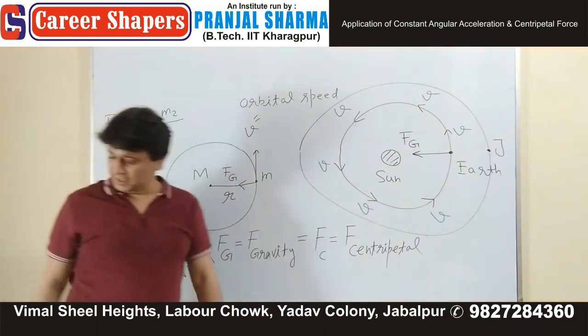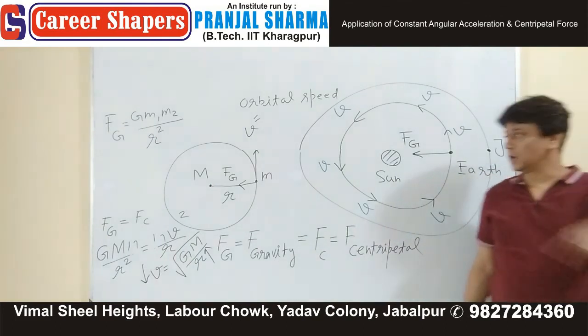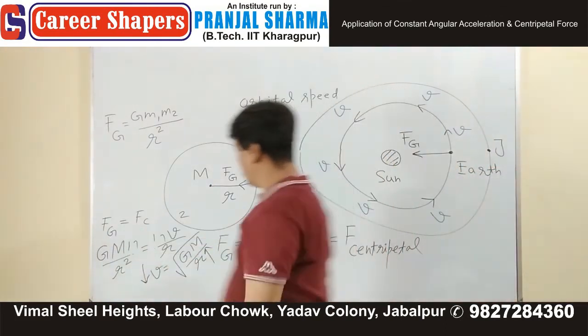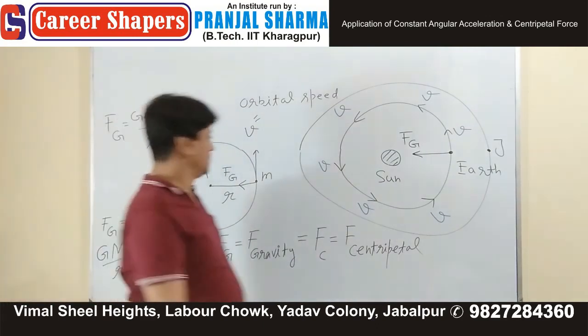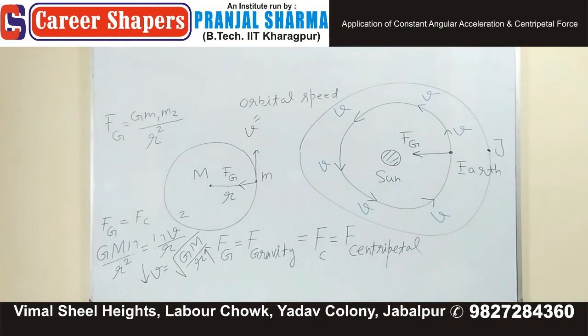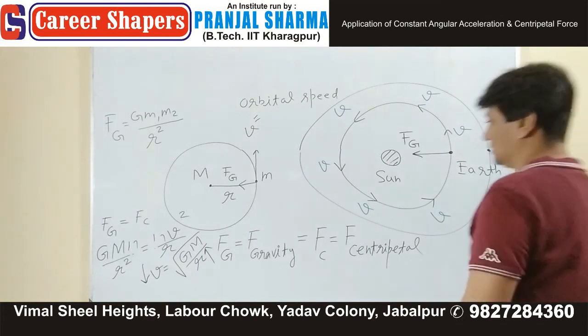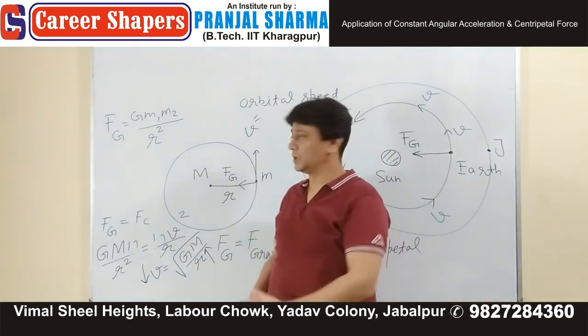Write down the answer in the comment box fast. Which planet in solar system moves with maximum orbital speed? The one which is closest to sun. And what is that? Mercury.